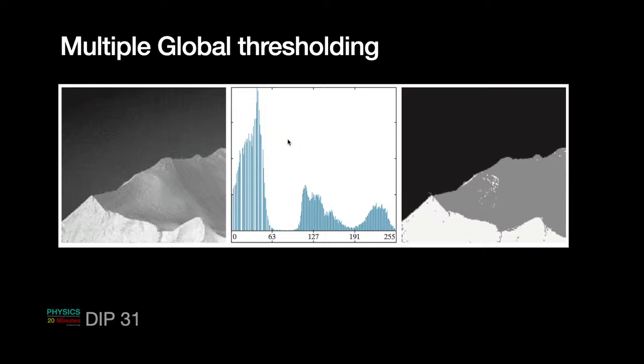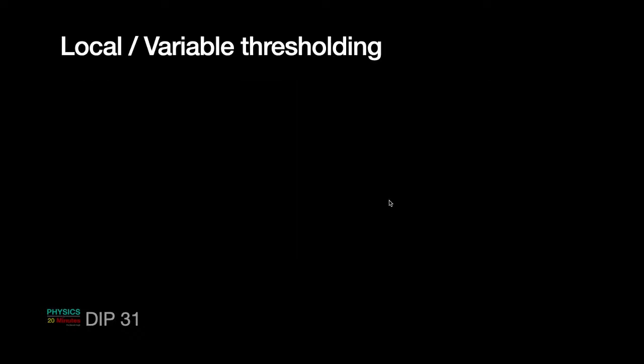We are not keeping that algorithm for the exam, but I would strongly recommend that you read the algorithm, because that helps you divide the image into as many thresholds as possible, and as a result you can have each region independently appearing in different shades of gray. So that is multiple global thresholding.